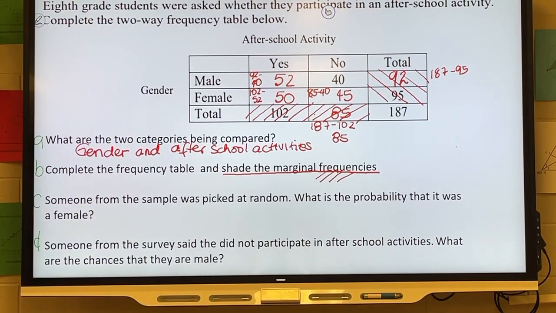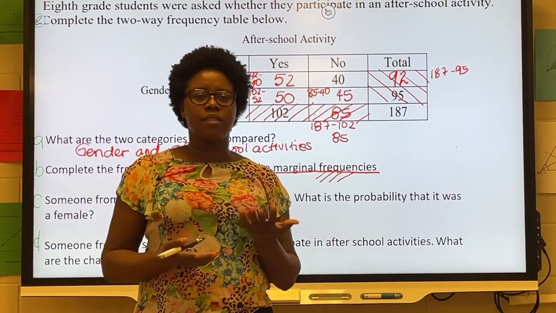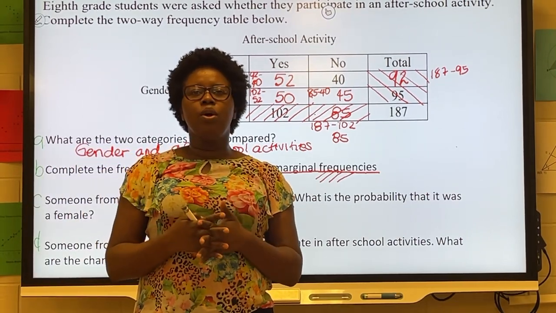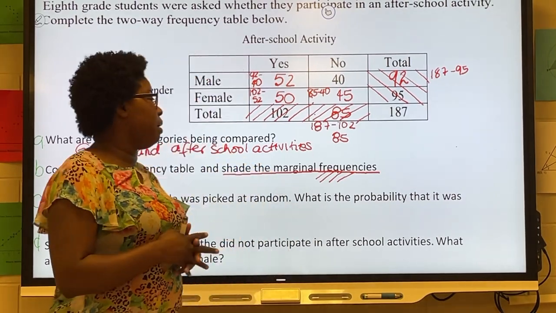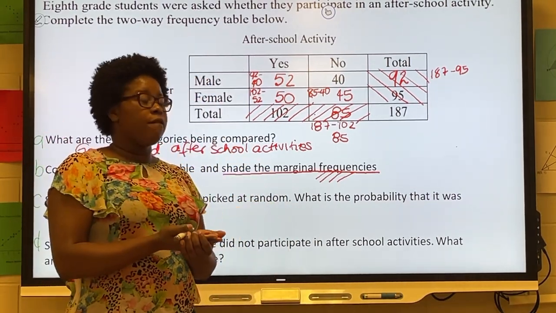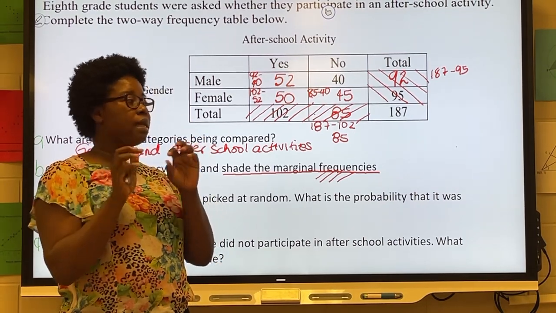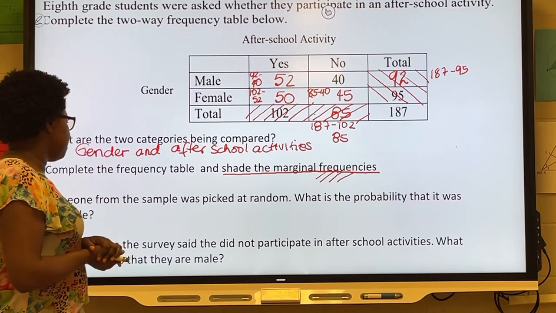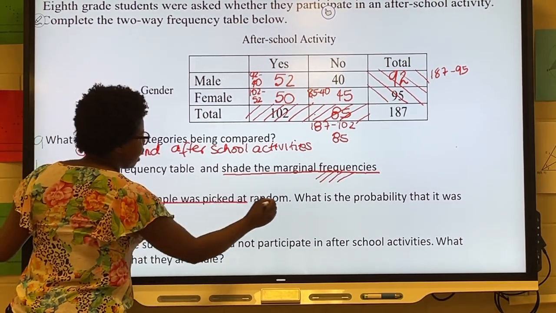Alright, it says someone from the sample was picked at random. What is the probability it was a female? Alright, so when you ask probability related questions, you need to know what sample space you will be using. Will it be the whole table for my sample space, or would it be a small restriction or small sample from my table? So it says someone from the sample was picked at random.